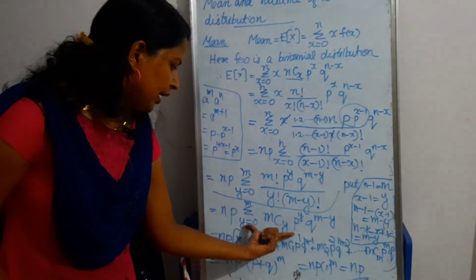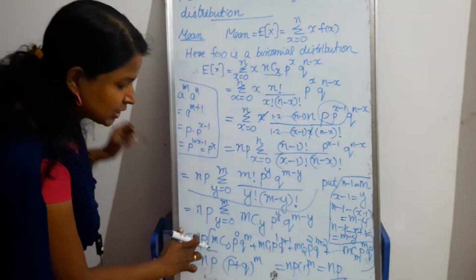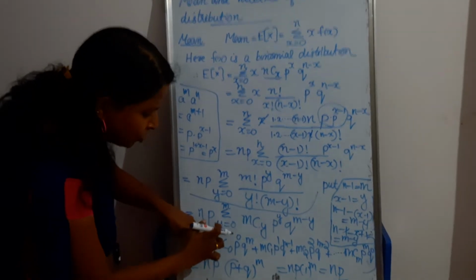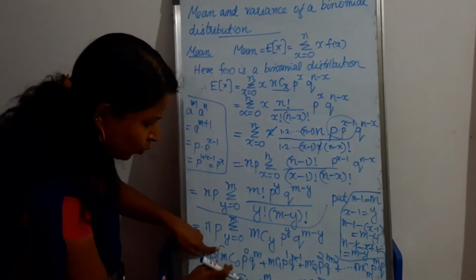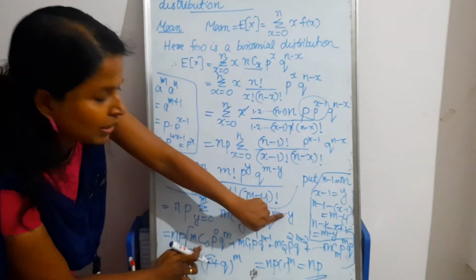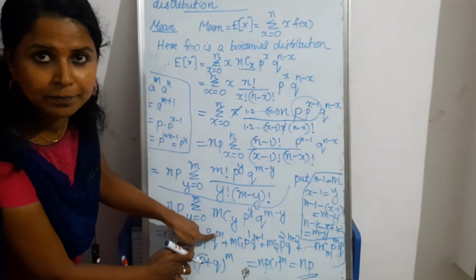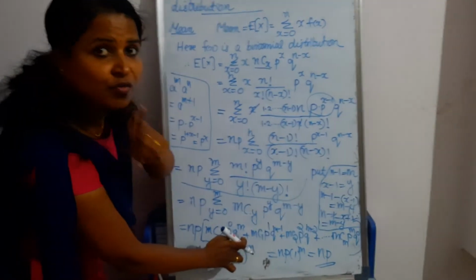The sigma expand. That is, here np, expand means first we put y equal to 0. mc0, p raised to 0, q raised to m minus 0, that is m, plus sigma, put next value y equal to 1.